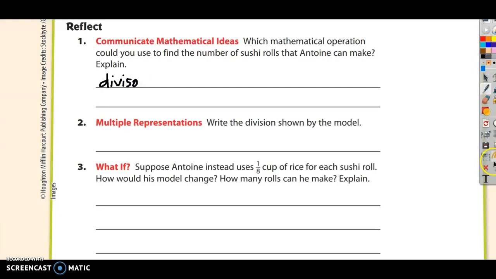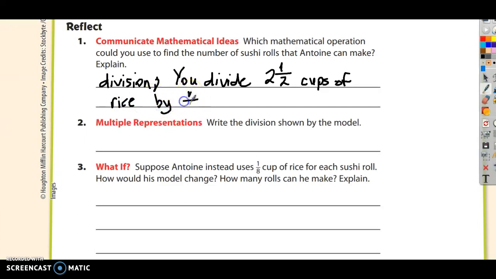Really all we need to do is write, you divide 2.5 cups of rice by 1/4 cup serving size.